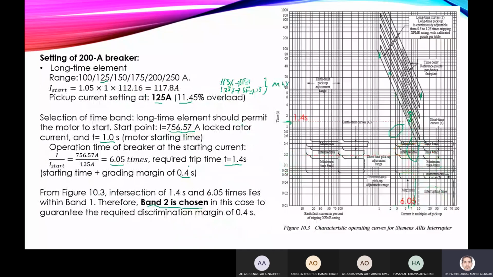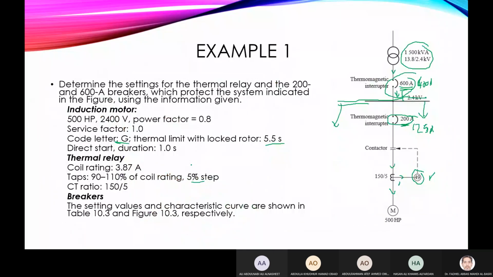A fault at the terminal of the motor and a fault here are the same. So you cannot have instantaneous here, because you need margin between the short circuit currents seen by each, as I mentioned in the coordination. That's why I will disable the instantaneous element at the 600 ampere breaker.